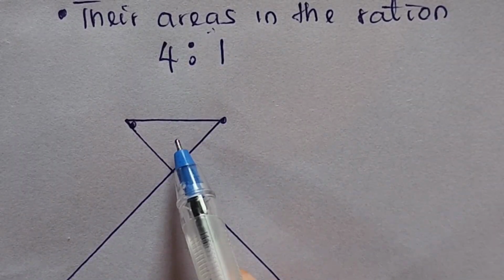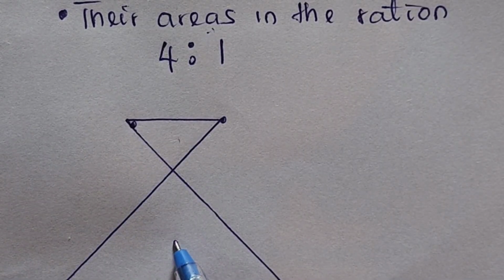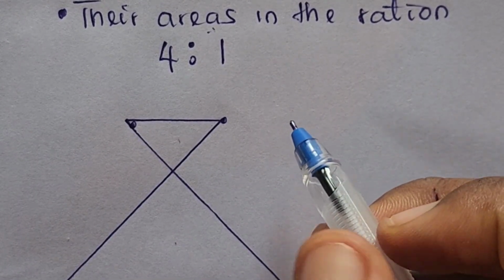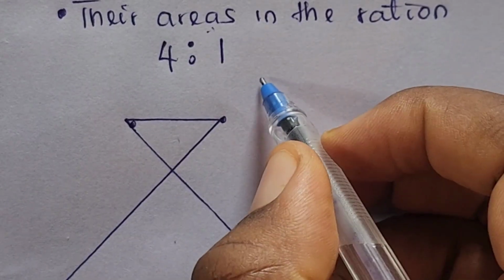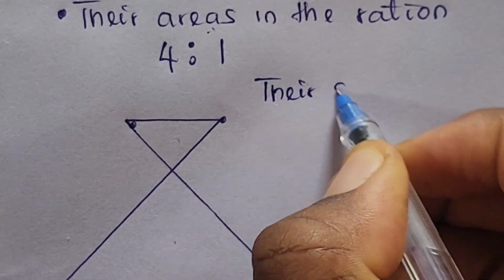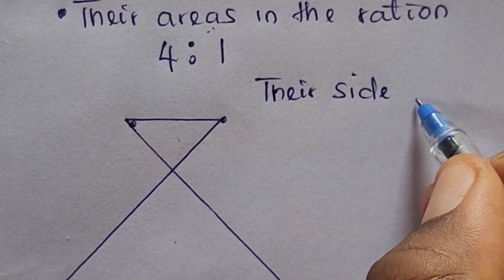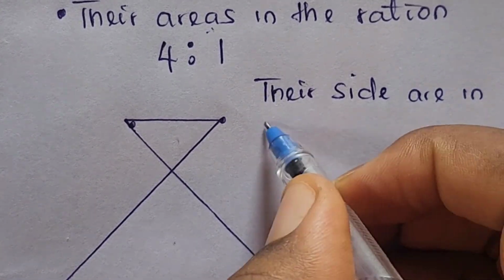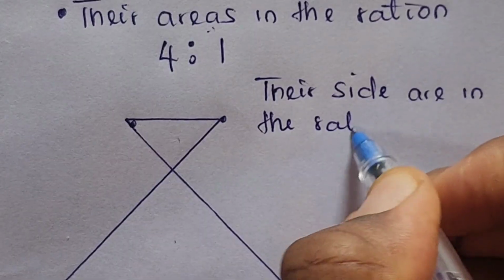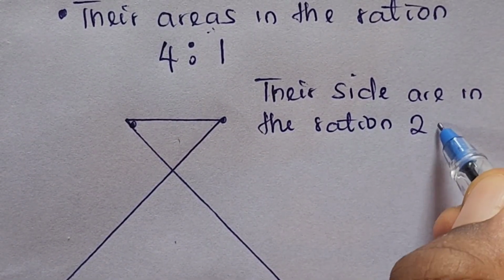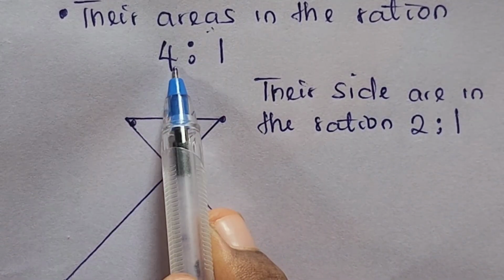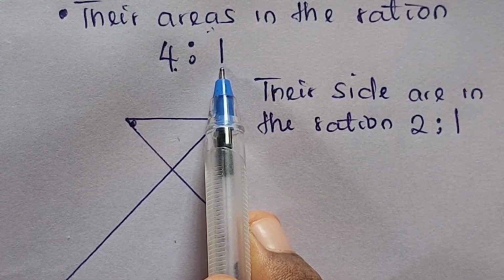So we have the areas to be 1 and 4. This simply means that their sides are in the ratio 2:1. That is the square root of the areas.